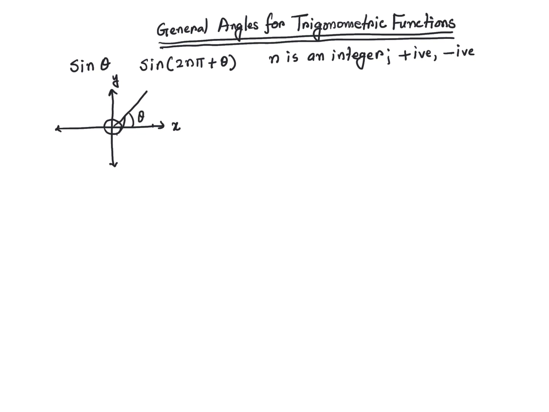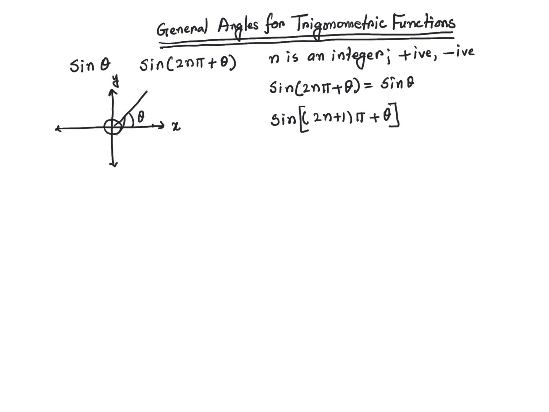So this tells you that sine of 2n pi plus theta is actually just sine of theta. Simple. Now what if, instead of 2n pi plus theta, I have something like this: sine of (2n plus 1) times pi plus theta.